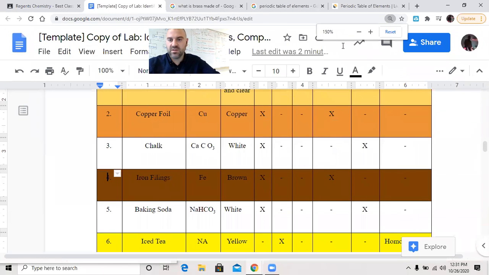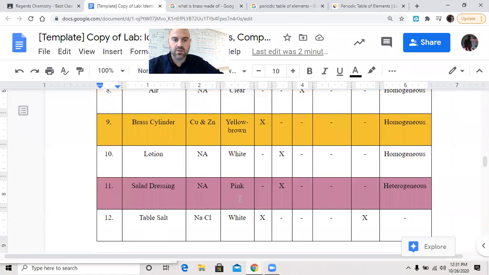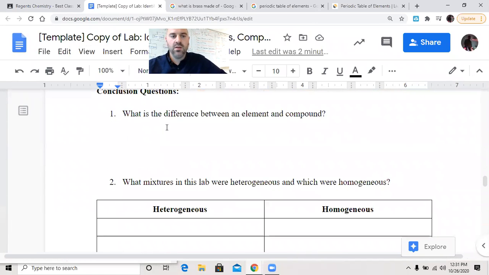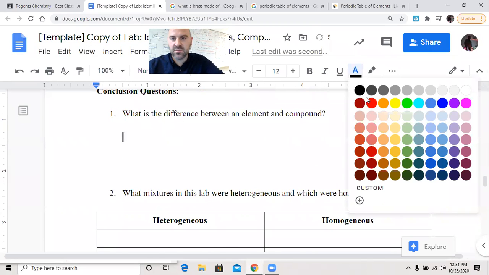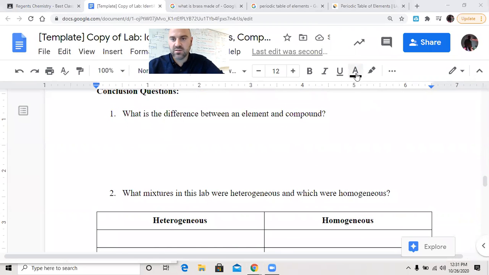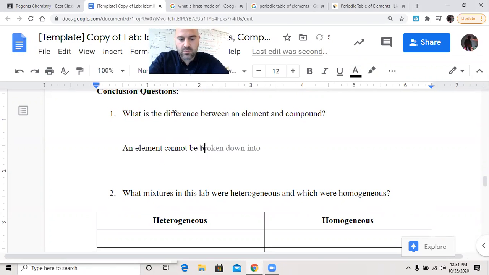All right, so I'm gonna put Tintin's answer for number 1. Whatever you put, please make sure you highlight it just so I know that's your response and what you want me to check out, just like what we do for our notes as well. An element, elementary, cannot be broken down.